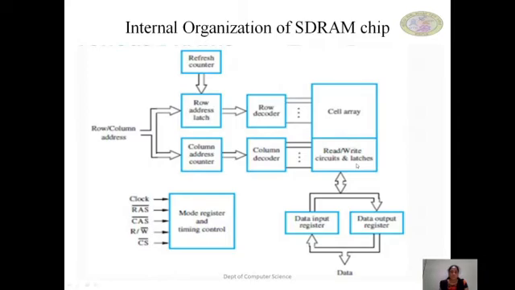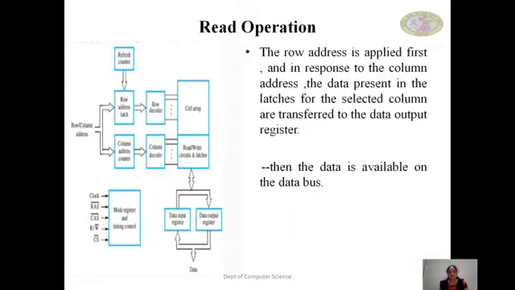Now let us see how read and write operations are performed in a synchronous DRAM. In order to perform the read operation, the row address is applied. In response to the column address, the data present in a latch for the selected column is transferred to the data output register, and from the data output register it is transferred to a data bus.